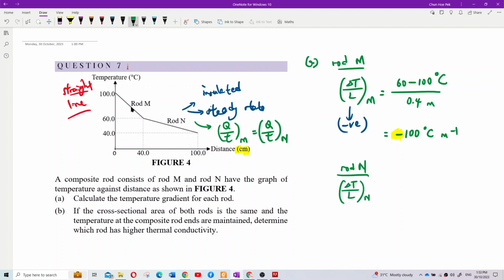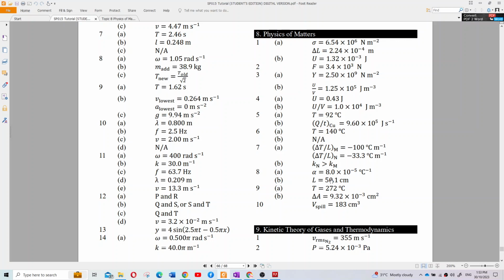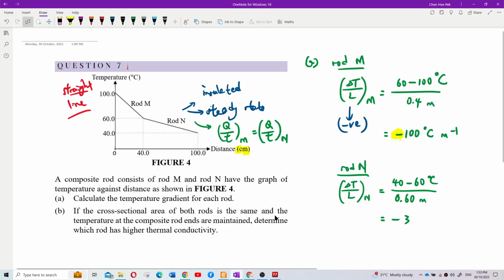For N, it will be 40 minus 60 degrees Celsius per the distance, which is 100 minus 40, so 0.6, change to meter, 0.6 meter. So what answer do you get? The answer is negative 33.3 degrees Celsius per meter. Yeah, that's the answer.